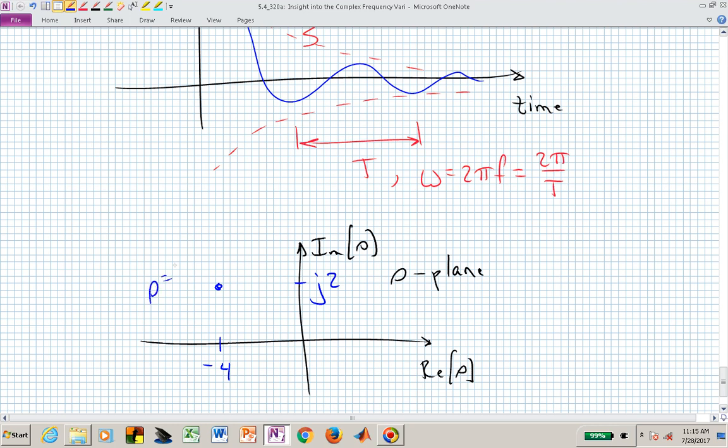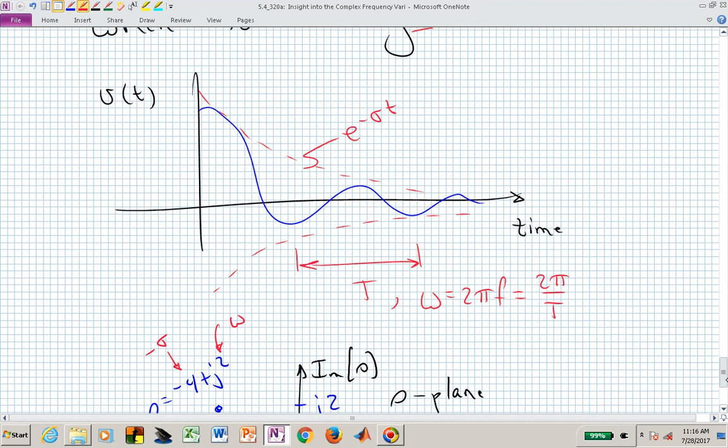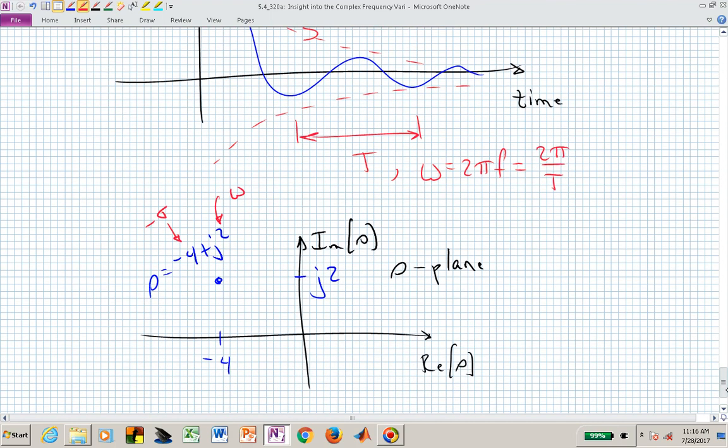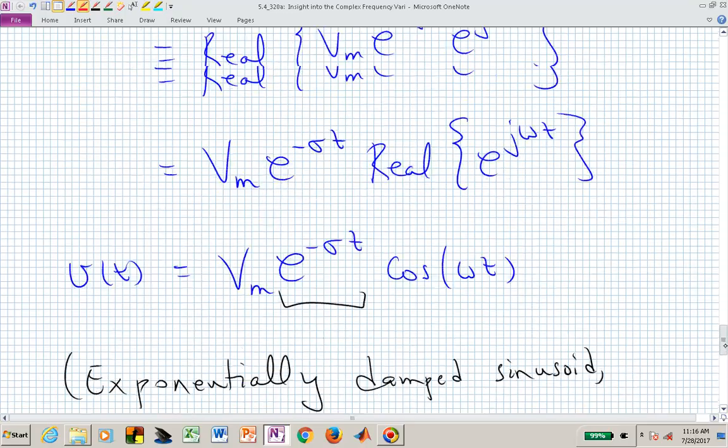This s is now minus 4 plus j2. We now know what the omega would be, and we know what the minus sigma is. We know the damping is e to the minus 4t, and the sinusoidal piece has a frequency of omega. All from just knowing that s is located at this point, minus 4 plus j2.